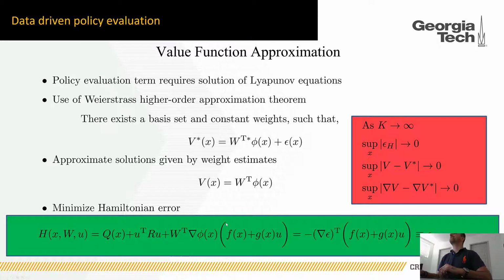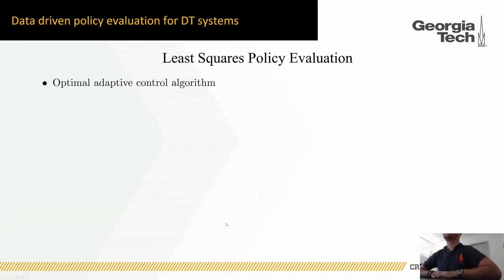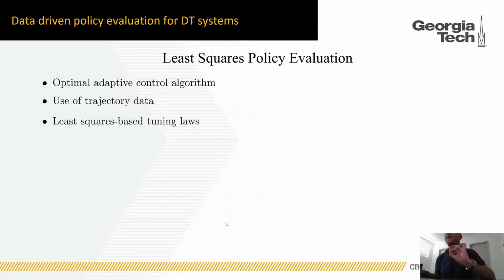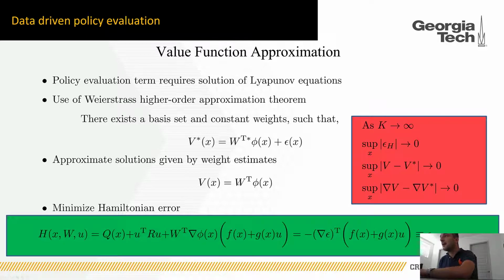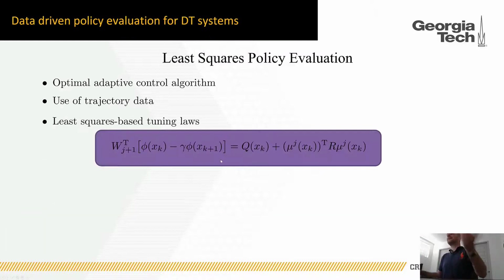In order for me to do reinforcement learning or data-driven policy evaluation, I will use trajectory data, and I will base my tuning laws to tune these weights on least squares or recursive least squares.